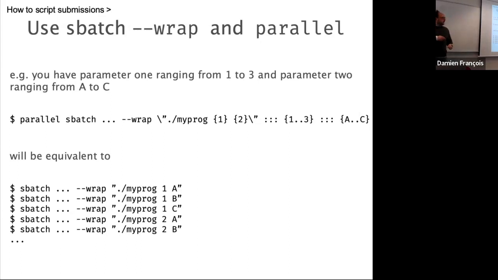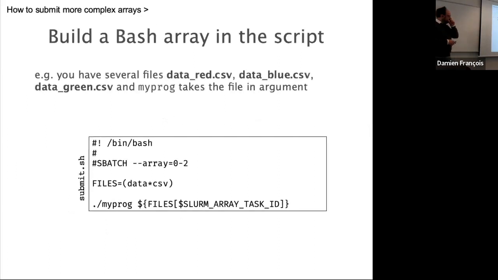Okay, so here is an easy way to not have to write a script in any language to submit a large number of jobs, just with xargs or parallel. What I'm showing here is a bit the same idea, except that rather than scripting a submission, I will submit a job array.